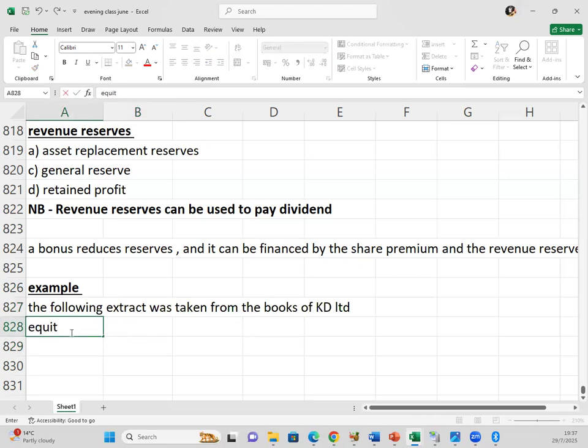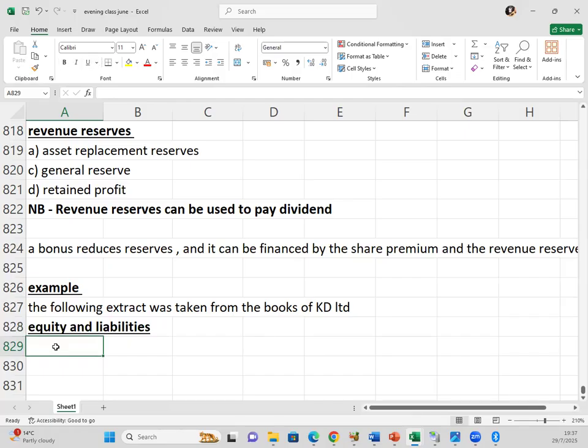They have the equity and liabilities. So for the equity and liabilities, we're going to have the ordinary shares.